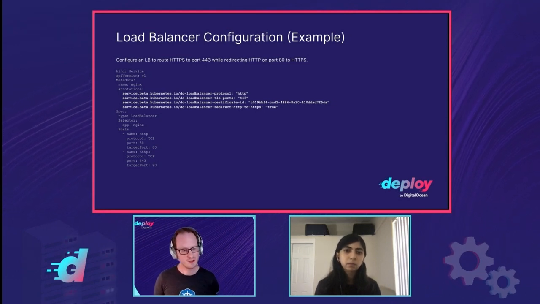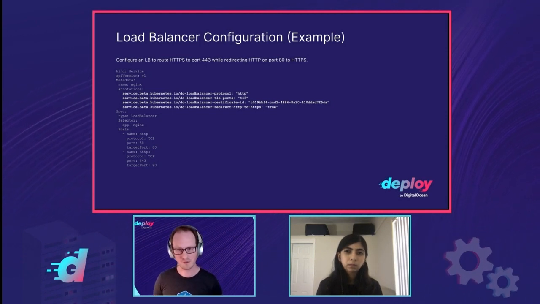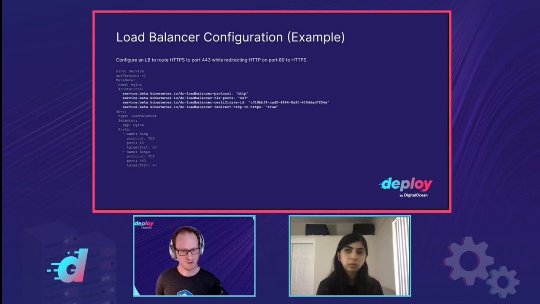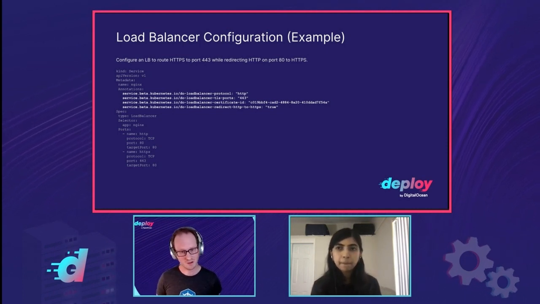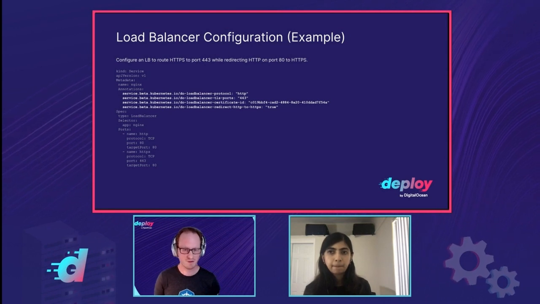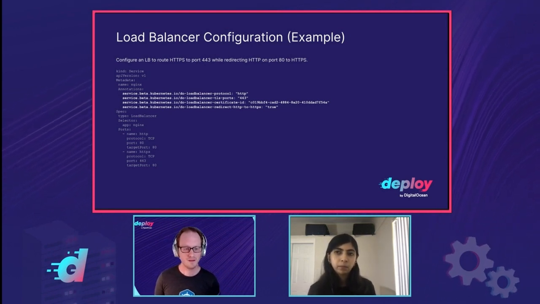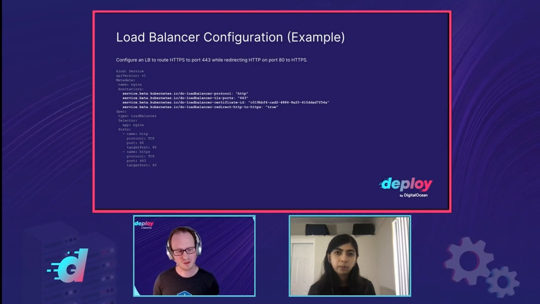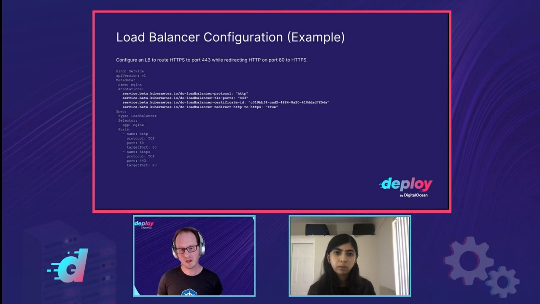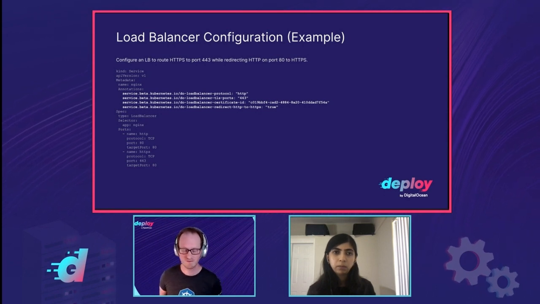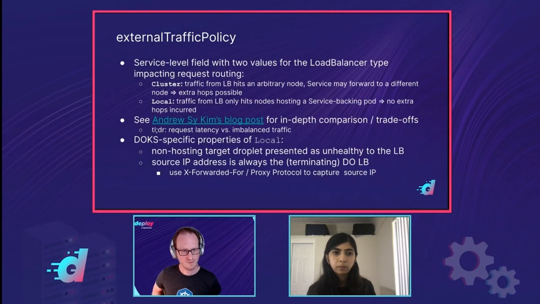Then we define port 443 as being the TLS port, so the DO-LB automatically sends HTTPS traffic to it. For HTTPS, of course, you need a certificate if you don't do pass-through. So we have a certificate ID referenced here. And because we never want unencrypted traffic to hit the LB, we also configure the LB to redirect HTTP to HTTPS. So that's one of many possible configurations you can have.